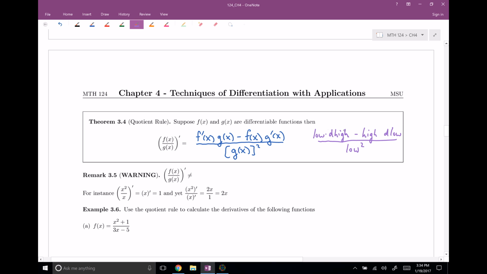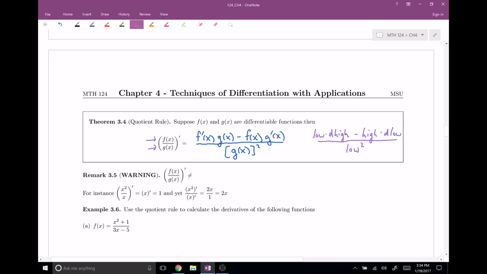So then there's some secret multiplication going on here. So the low function, g, that's the one that you leave alone, d high. D is like the derivative, right? The derivative of the high function, the top function, the numerator function. Minus high, right? Leave that one alone, f of x. D low, derivative of the low function here, right? All divided by low squared.